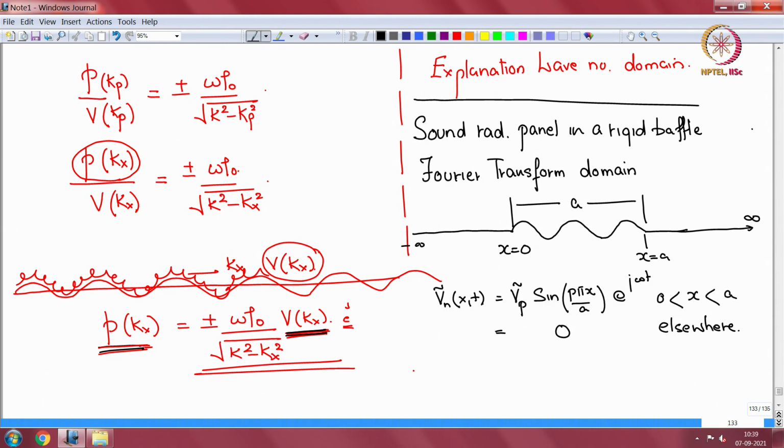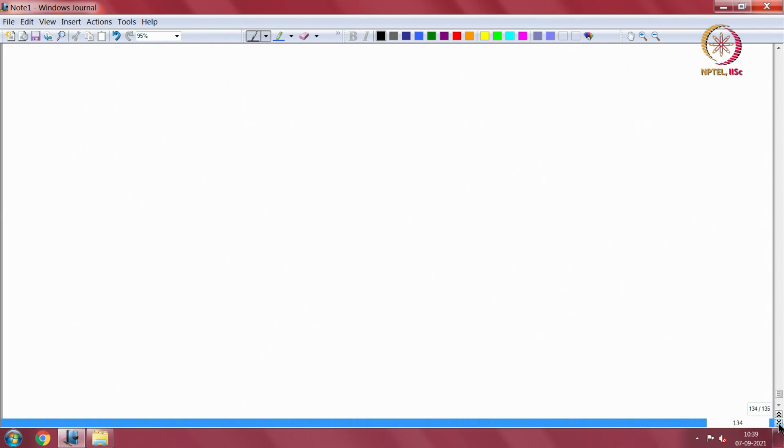Okay. Now we look at this in the Fourier domain, or we call it the wave number domain.